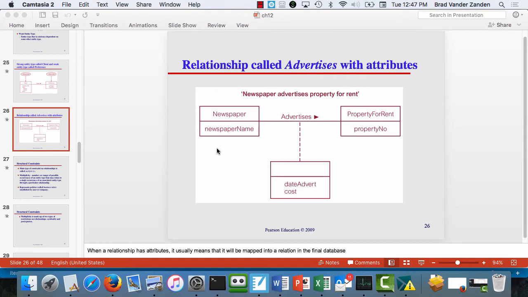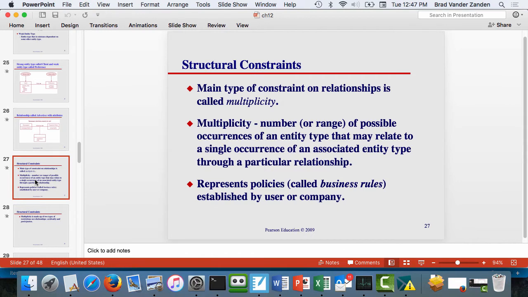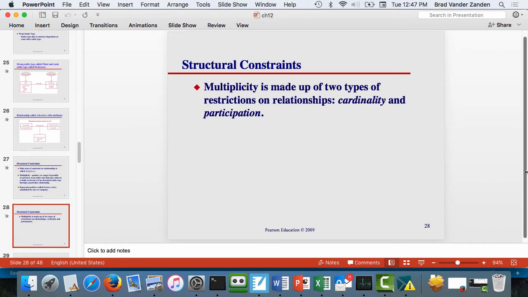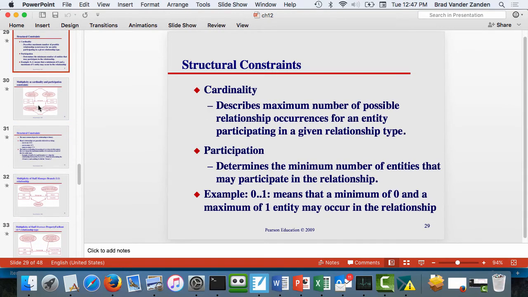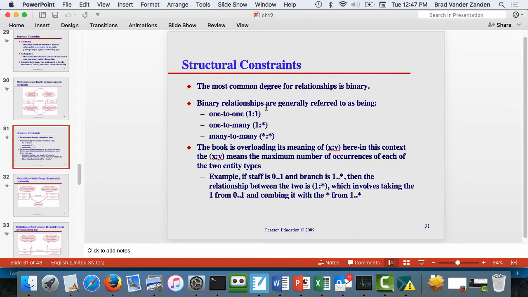First of all, we are talking about participation rates, so multiplicity and degree of a relationship. Multiplicity is the number of entity occurrences in a relationship, and the degree of the relationship is what happens when you take the maximum participation rate on both sides.